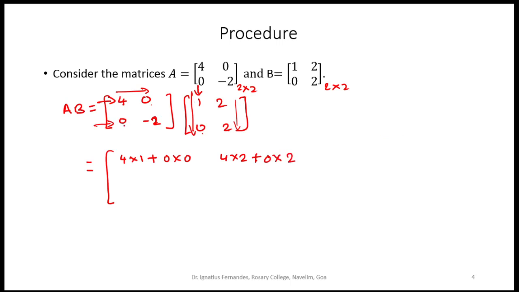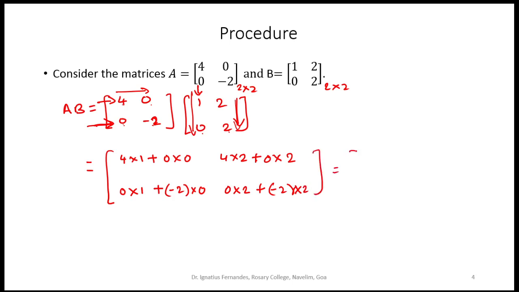The same way I multiply the second row to the first column and then the second row to the second column. So second row to the first column first: 0 into 1 plus minus 2 into 0. Then I multiply this row to the second column: 0 into 2 plus minus 2 into 2.